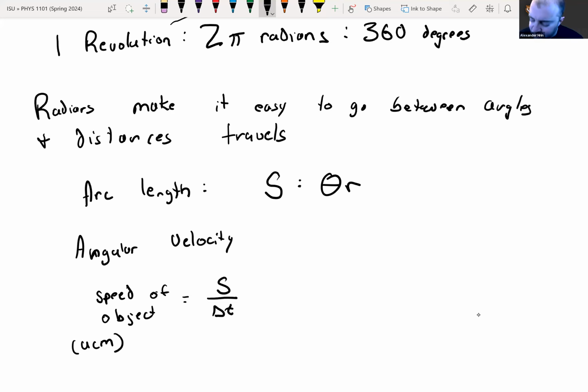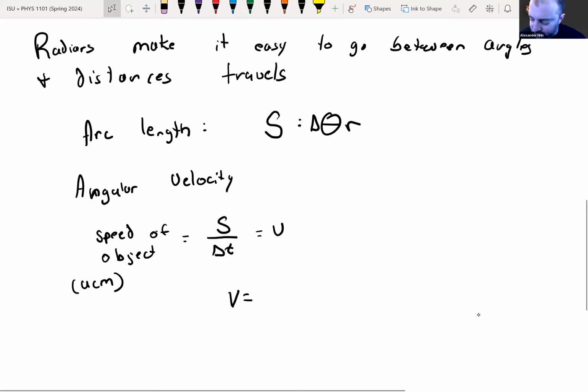Really, this should probably be a delta theta, so your arc length is your change in theta between 1 and 2 points. If you combine this speed of the object, which is v, with the arc length formula we just used, then our velocity is equal to delta theta r over delta t.